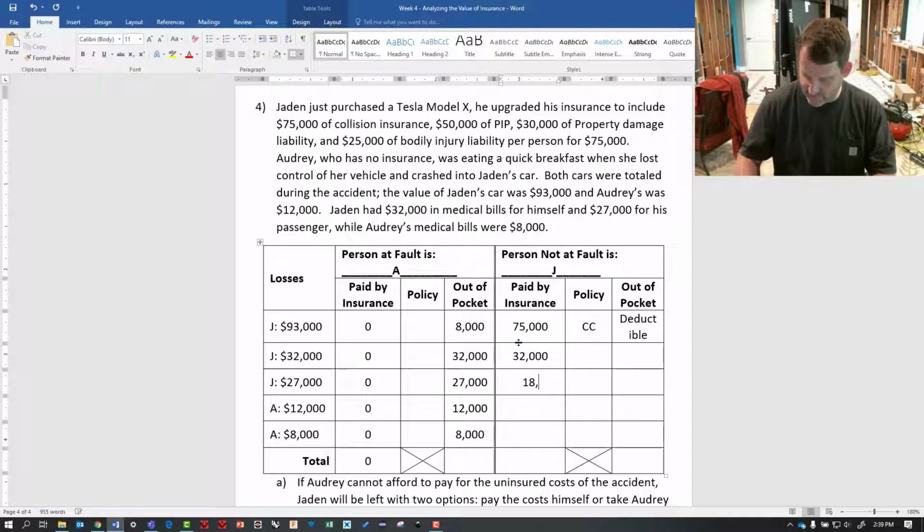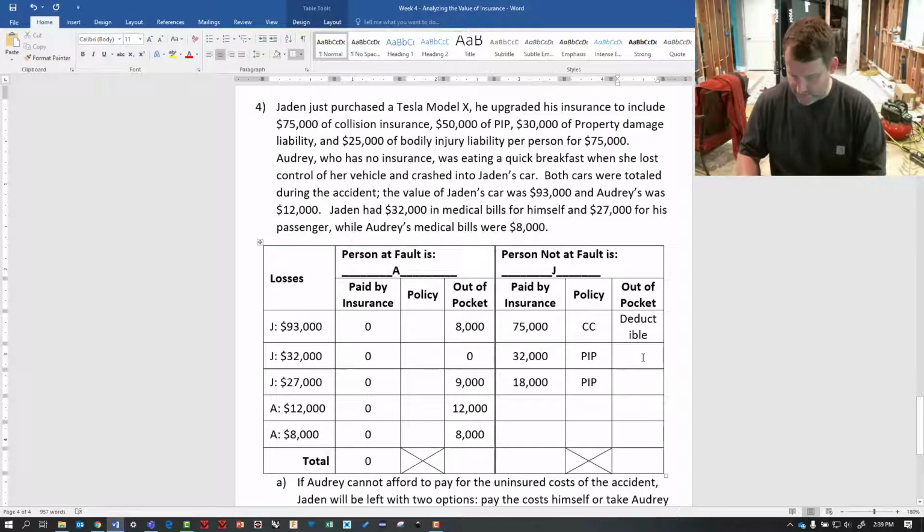So $18,000 there, and that's going to be PIP insurance, and so that's going to reduce this actually for Audrey back down to zero because Jaden's insurance is going to cover that. It's going to decrease this one down to $9,000, and it's going to be a zero out of Jaden.